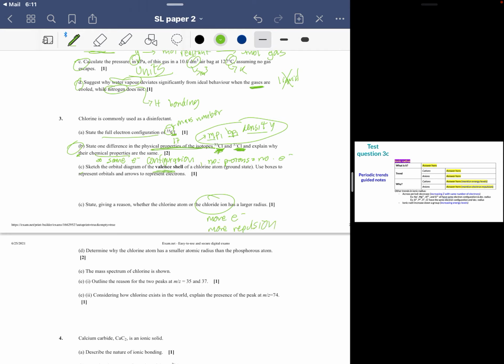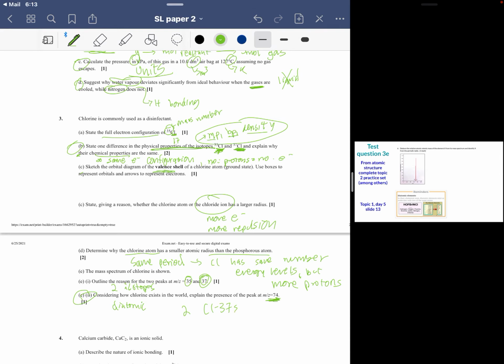Well, that comes from the way that chlorine would actually exist in nature. So you'll notice, I think I just said 34, sorry, 74. That comes from having two chlorine-37s forming a peak. So the key was remembering that chlorine is diatomic, and I actually gave you this little hint. This was not from the IB, this was from me to prompt you thinking about diatomic.